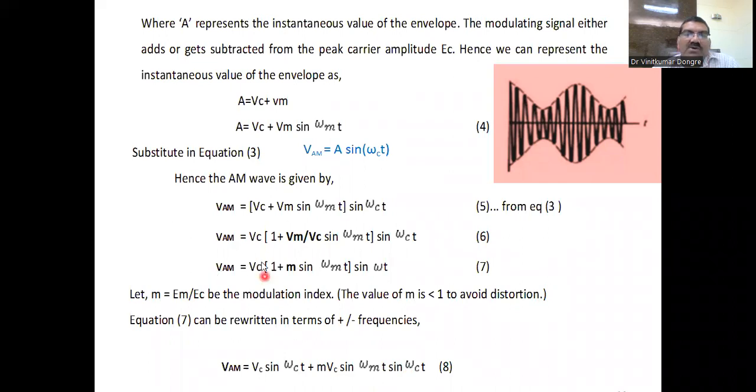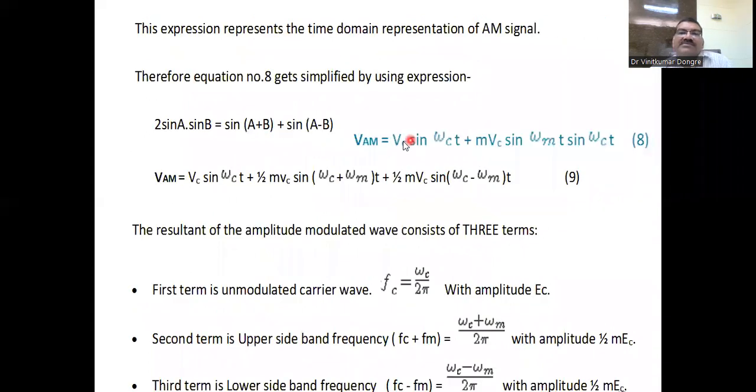Same equation, only I have opened the bracket. Open this bracket and make a simple equation. That is V_C sin ω_m t plus m V_C sin ω_m t into sin ω_c t. ω_c is the carrier frequency, ω_m is the modulation frequency. Okay, so this will be your equation.